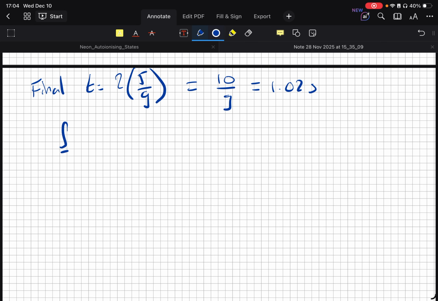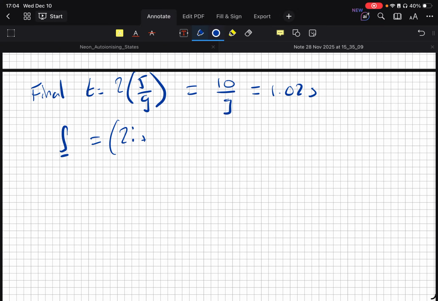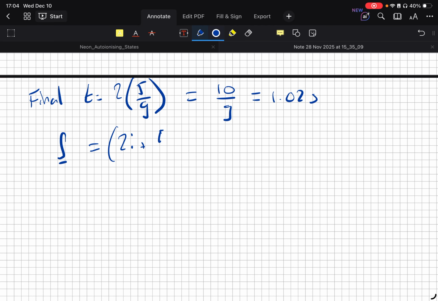So again, we have our position s, that's going to be equal to ut, so that's 2i plus 5j times the time, which is this 1.02 seconds. I'm going to leave the units out of this expression just because it's getting a bit messy.